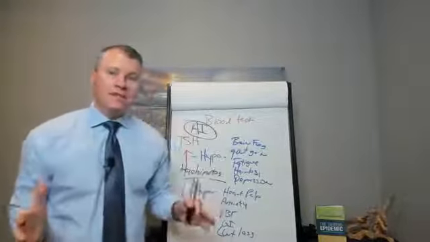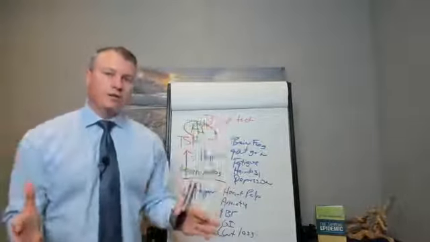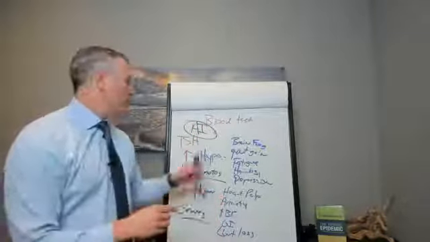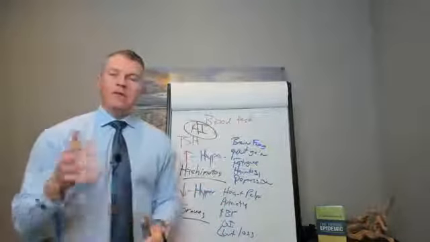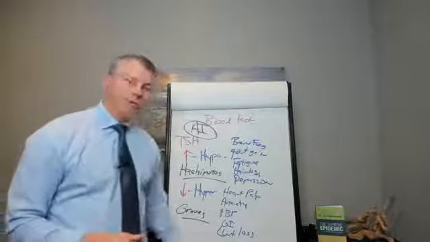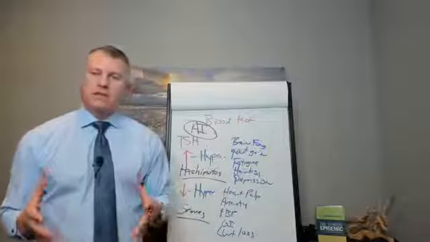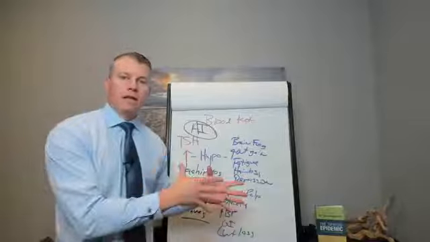So both of these are autoimmune conditions, both created from the immune system. If you're not familiar with what autoimmune is, essentially, it's the immune system attacking and destroying the tissue.